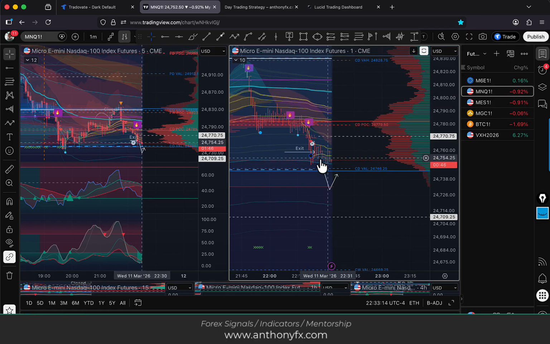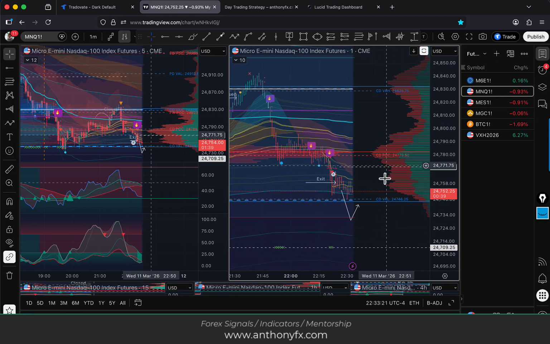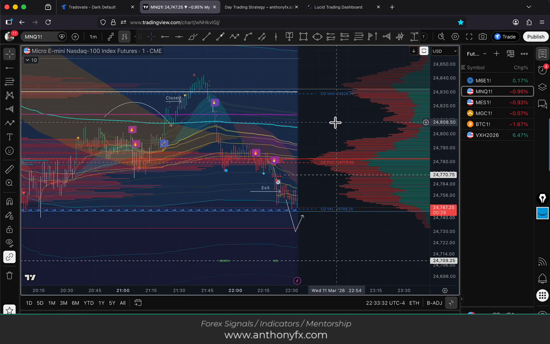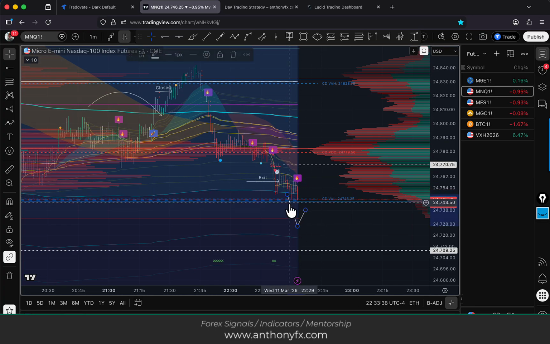Yeah, so you can see what's happening down here now. It's found support. All right, that's a bit of a thing. So the way that you could get involved with that, well, we just wait. If it breaks under here and then retests that, that's a good sign for us.